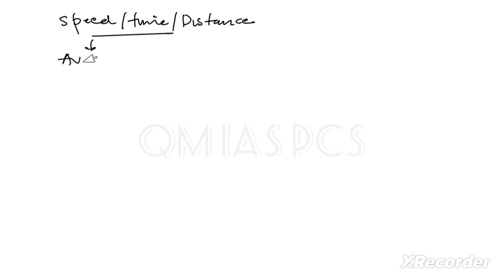As per the PYQs you have to understand the pattern, we have to understand the syllabus. So as per the PYQ I have written what we have to study: simple things, speed, time and distance, simple things. Then we have to solve average speed.